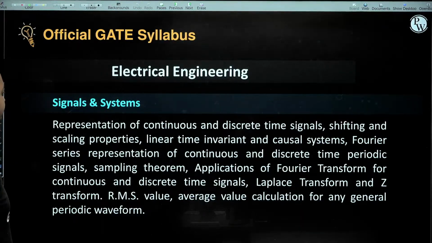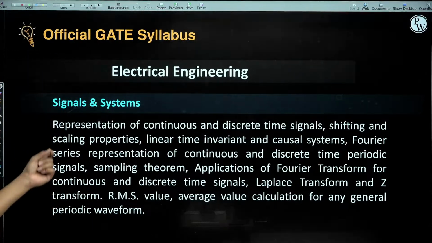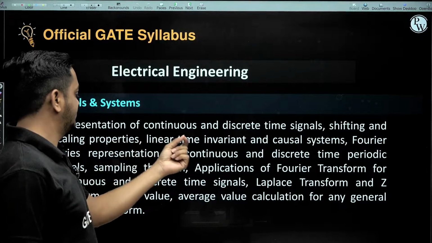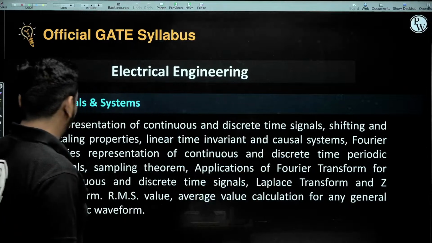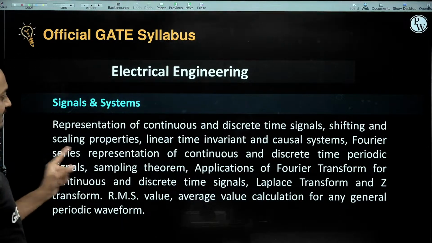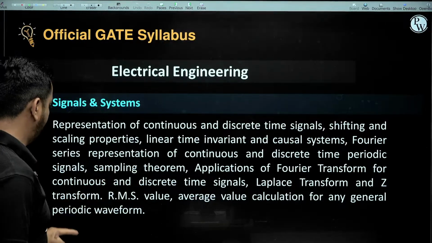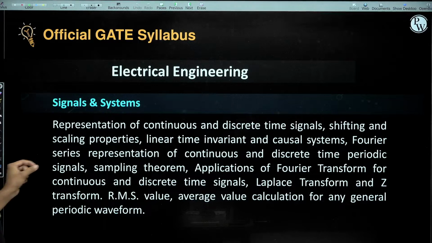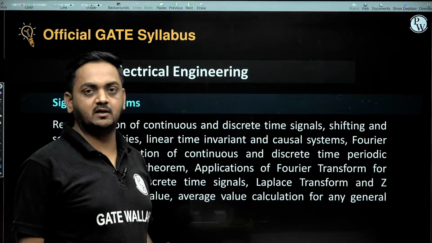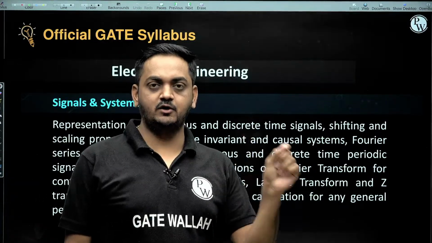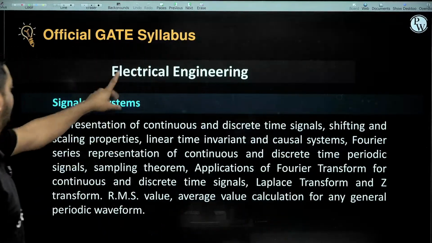Representation of continuous and discrete time signals, shifting and scaling properties, LTI system, causal system, Fourier series representation of continuous and discrete time periodic signals, sampling theorem, applications of Fourier transform for continuous and discrete time signals, Laplace transform and Z transform. Here you can see Fourier series representation for continuous and discrete time periodic signals. That means CTFS, continuous time Fourier series, and discrete time Fourier series, both you have to study for electrical engineering.